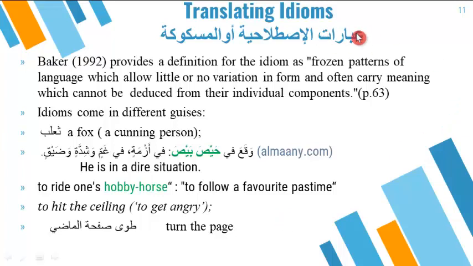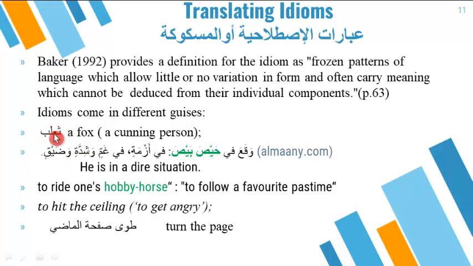So idioms are عبارات اصطلاحية أو مسكوكة, and they are frozen. It means you cannot understand the meaning by analyzing the components of the phrase or the sentence. And idioms come in different forms. For example, they can be one word, a phrase, or a sentence. One word, for example, تعلم.